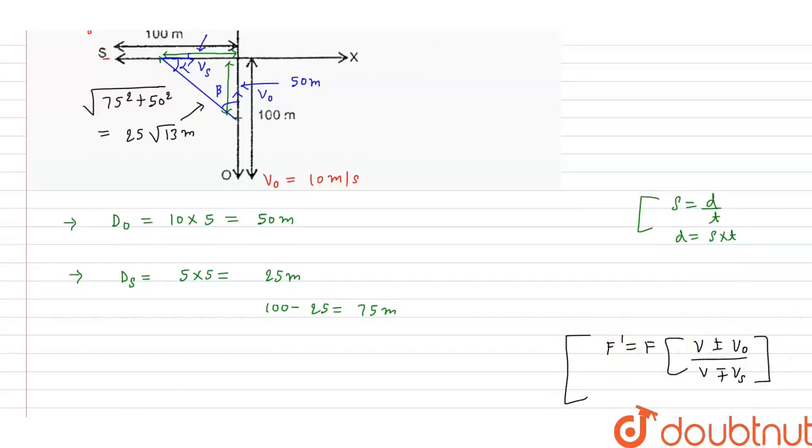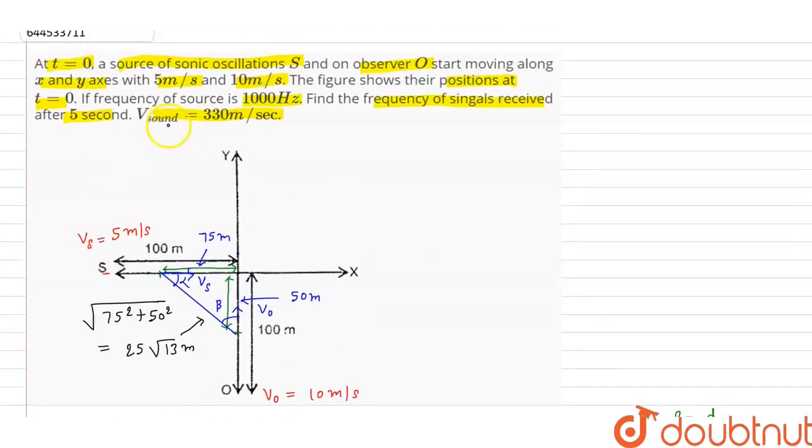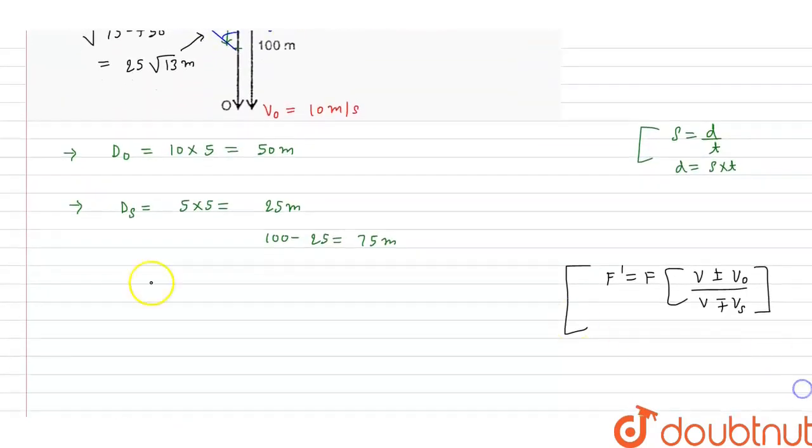This v is given in the question, v sound equal to v, which is 330 meter per second, and this is a case of approaching. So in this case v0 is negative and vs is positive.